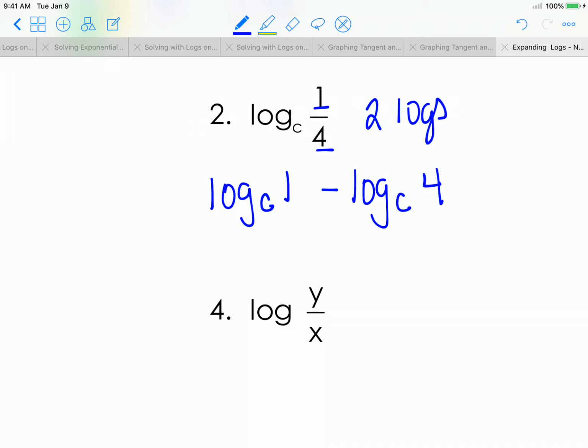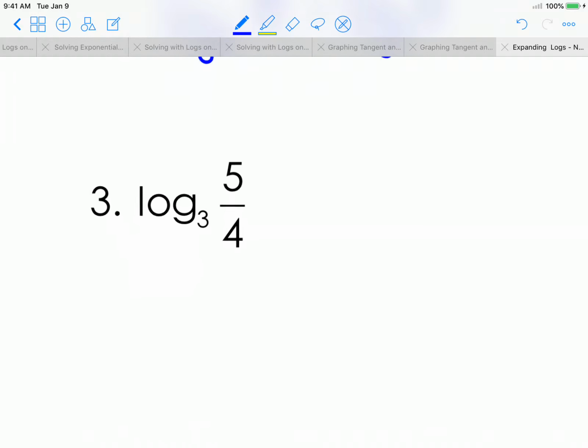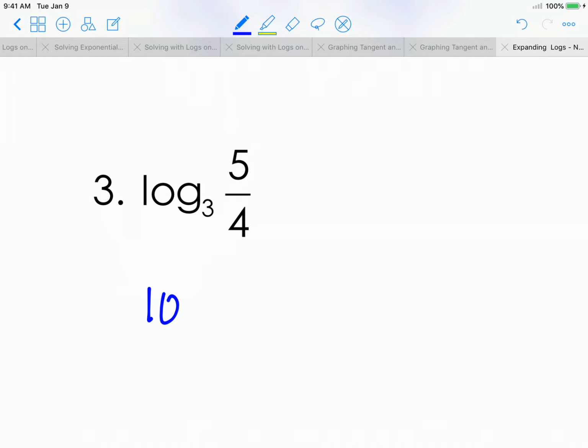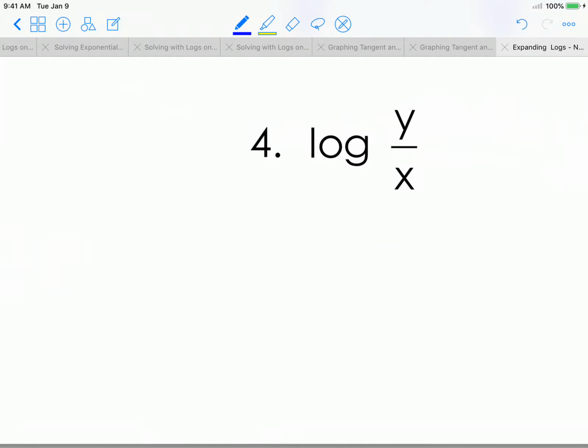Just expanding, kind of rewriting. All right, let's do this one together. So log base 3 of 5 minus log base 3 of 4. Okay, try number 4 on your own real quick.